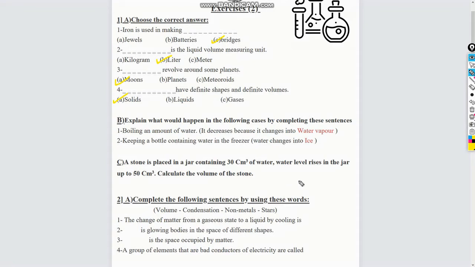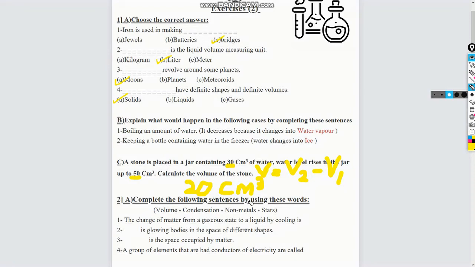We agreed when we have two volumes, we're going to use the rule that says V is equal to V2 minus V1, which is going to be 50 minus 30, which is equal to 20 cubic centimeter. Please don't forget to write the unit at the end and the rule at the beginning. Okay.